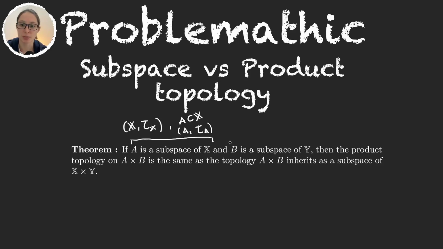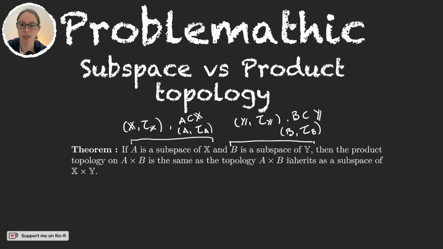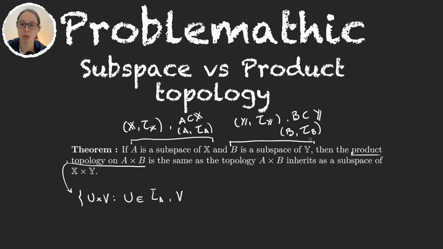Then we have B a subspace of Y, so the same with Y and B. And then it says that the product topology on A times B is the same as the topology A times B inherits as a subspace of X times Y. So first we have the product topology on A times B. This topology is the one with bases, let's call them U times V, where U is in the topology of A, so in the subspace topology of A, and V in the topology of B, so again in the subspace topology.